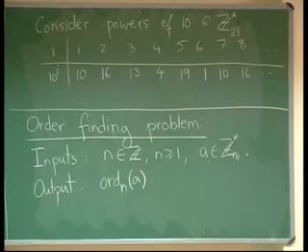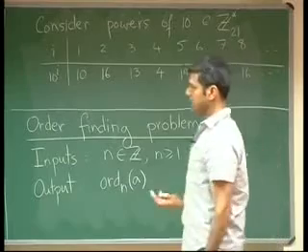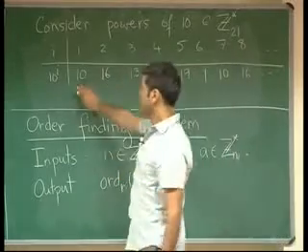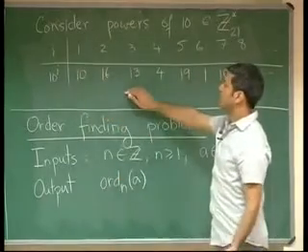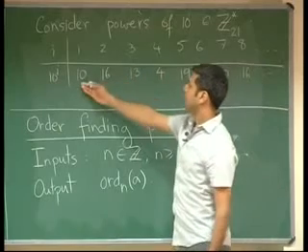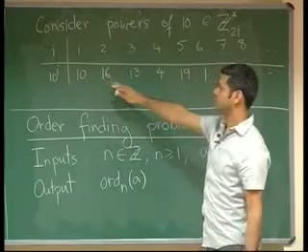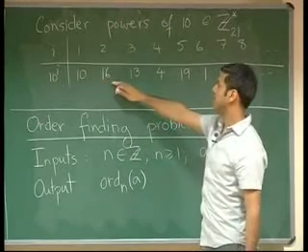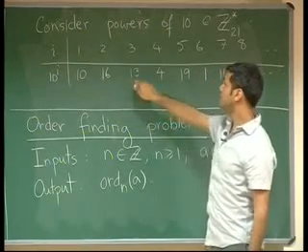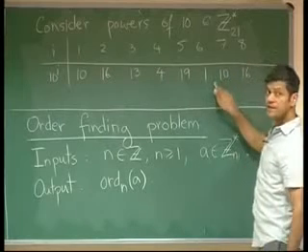Now, if I asked you to find the order, the straightforward way of doing it would be basically what we did out here for 10. We would take 10, multiply 10 with itself, take the remainder modulo n, and repeat that until we get remainder 1.